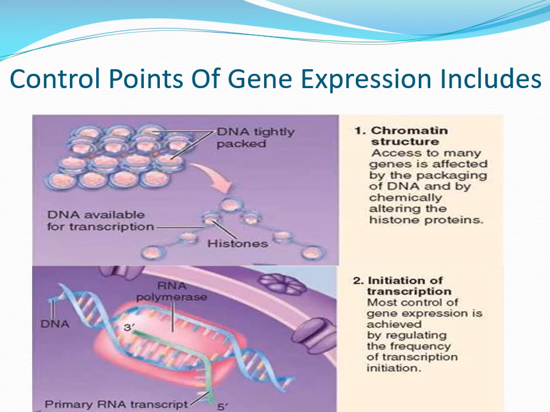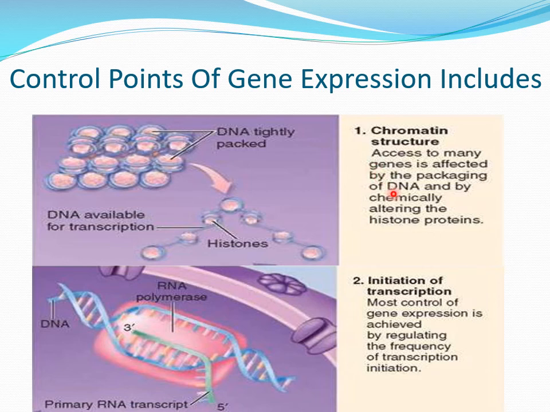Now, in a eukaryotic cell, since the genetic material is bound within an organelle, most of it within the nucleus, the control points of gene expression are quite different and complex as compared to the gene regulation within a prokaryotic cell.